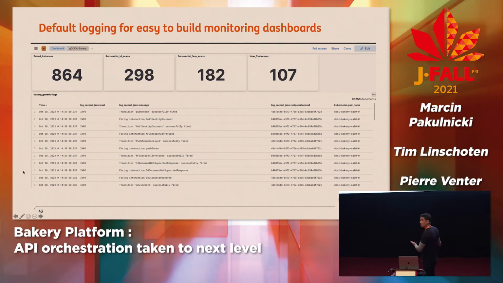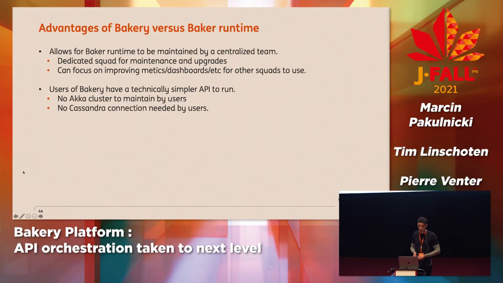Of course, we are also interested in the process, the system that we have with Baker. So each event or recipe interaction also has events that we can monitor. So we can see the health of our process. I can also see how many IDs were scanned as people onboard, how many people were onboarded as well. So that is quite nice.